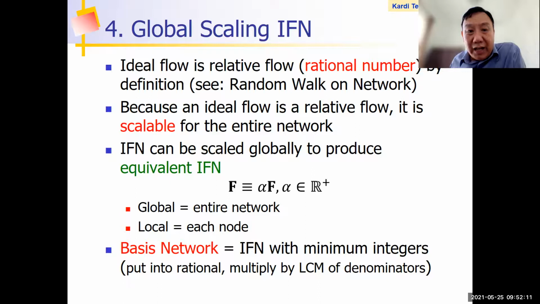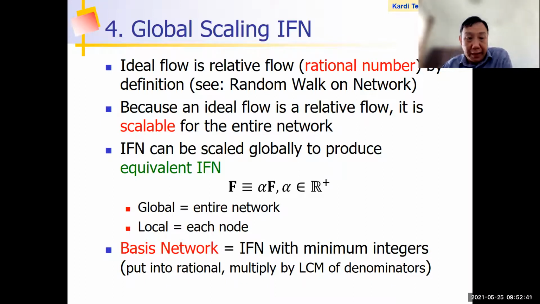Because the ideal flow is a relative flow, it is scalable for the entire network. So if you have F as a flow matrix, you can multiply by a scaling alpha. Alpha must be a positive real number. Then you can have what is called global scaling for the entire network.